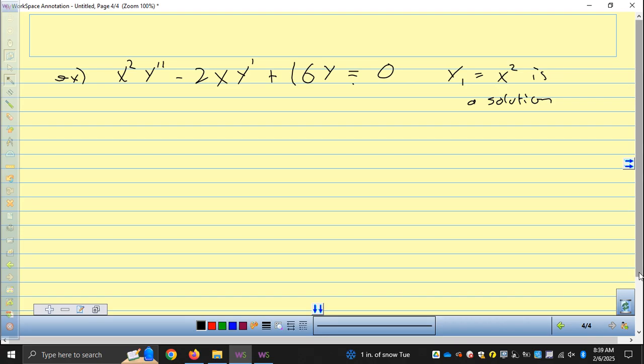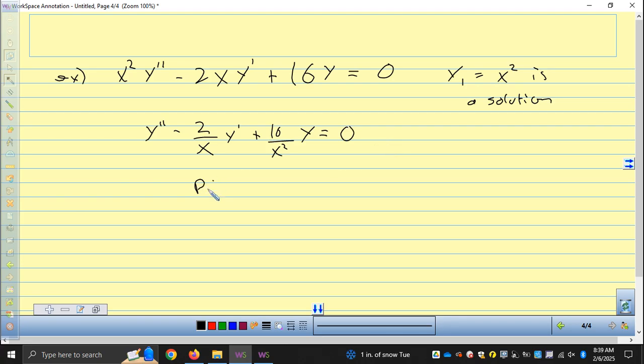I think this is a Cauchy-Euler equation that we won't learn how to solve in this class, but it's similar to a technique that we will use. So I'm going to rewrite this in standard form. I'm going to divide everything by x squared. So y double prime minus 2 over x y prime plus 16 over x squared y equals 0. So there's our standard form.